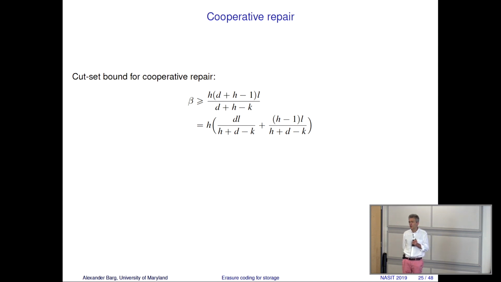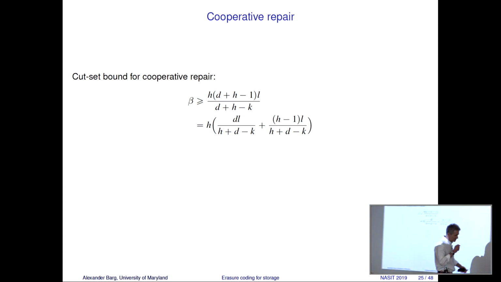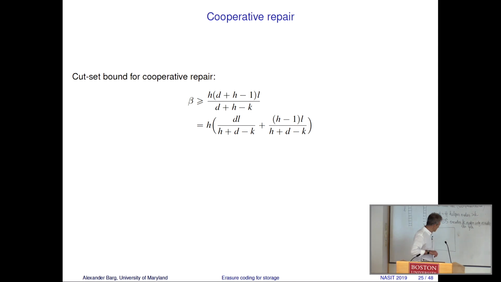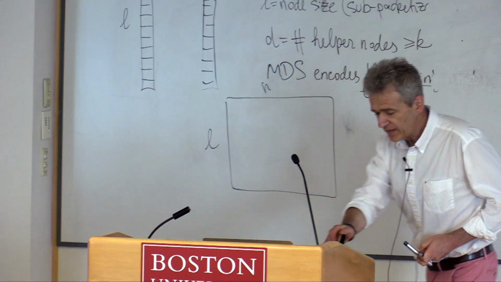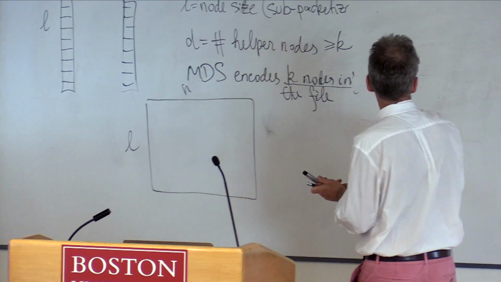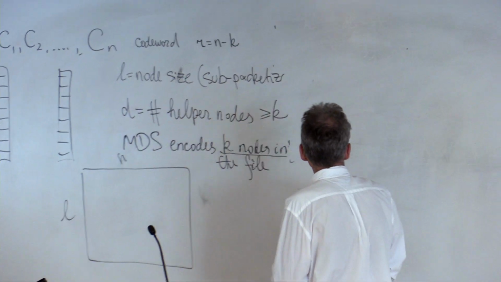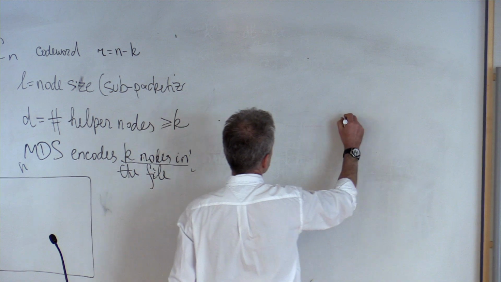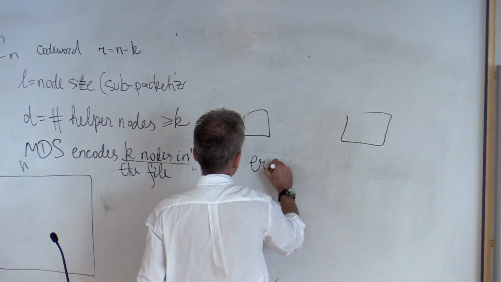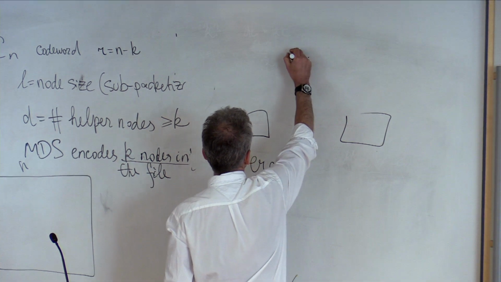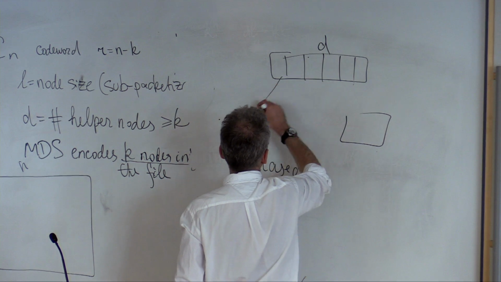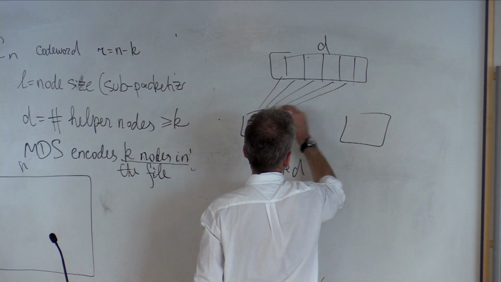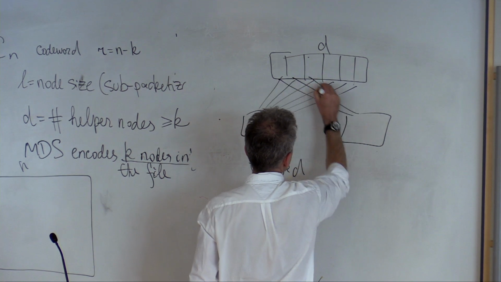Let us briefly talk about cooperative repair. So what is cooperative repair again? We take the two erased coordinates, we take the helper group, they provide some information to the first erased node, and they provide some information to the second erased node.